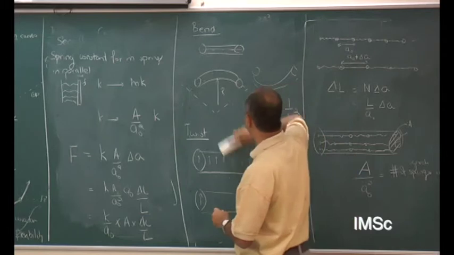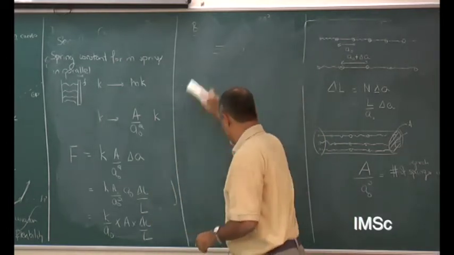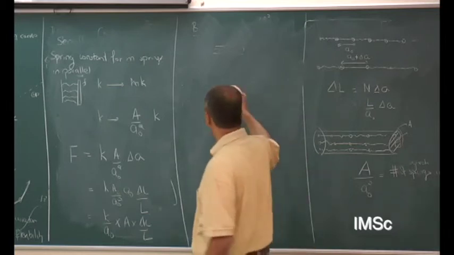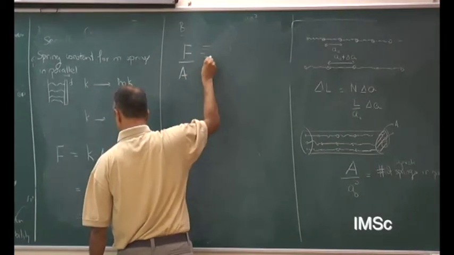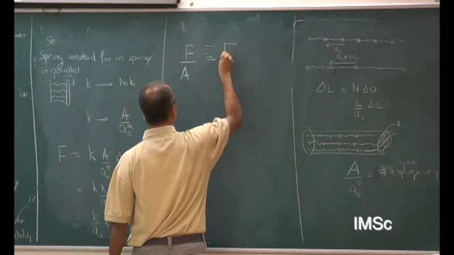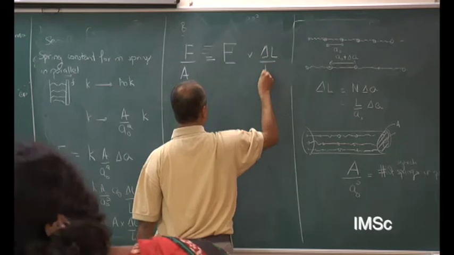Once I have that, I can rewrite that as the force per unit area is some quantity which I will call E times delta L divided by L.